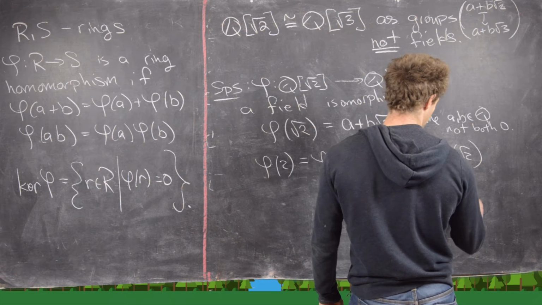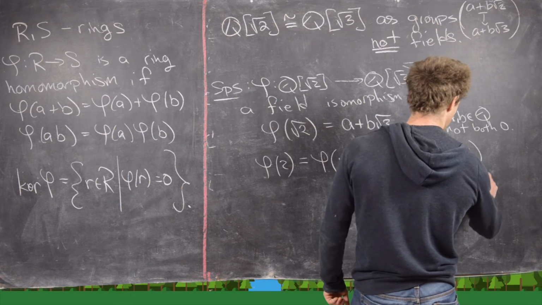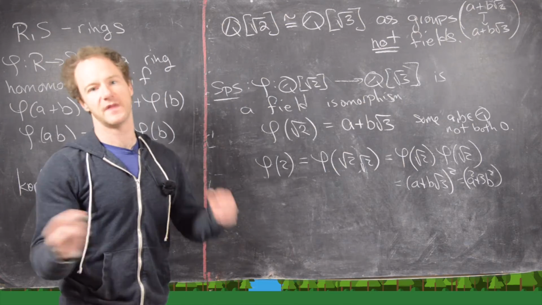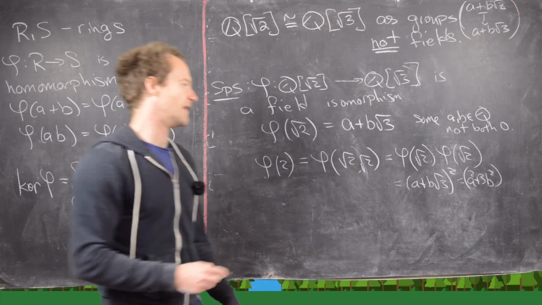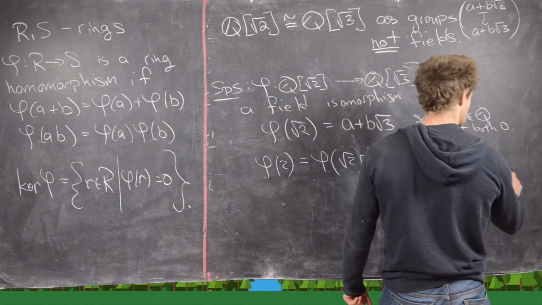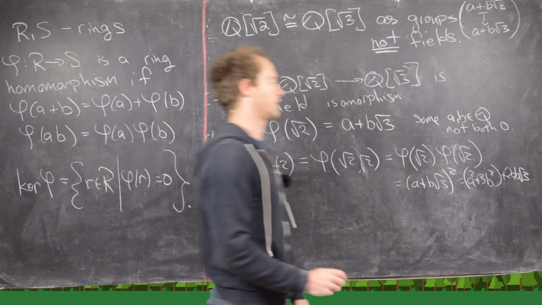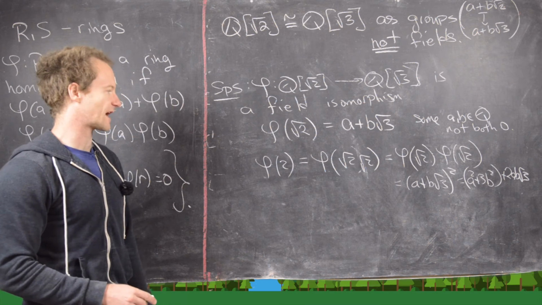So notice that's going to be a squared plus 3b squared. So that's what we get from the two end terms. And then plus 2ab root 3. Okay, so that's what we get for that guy over here.